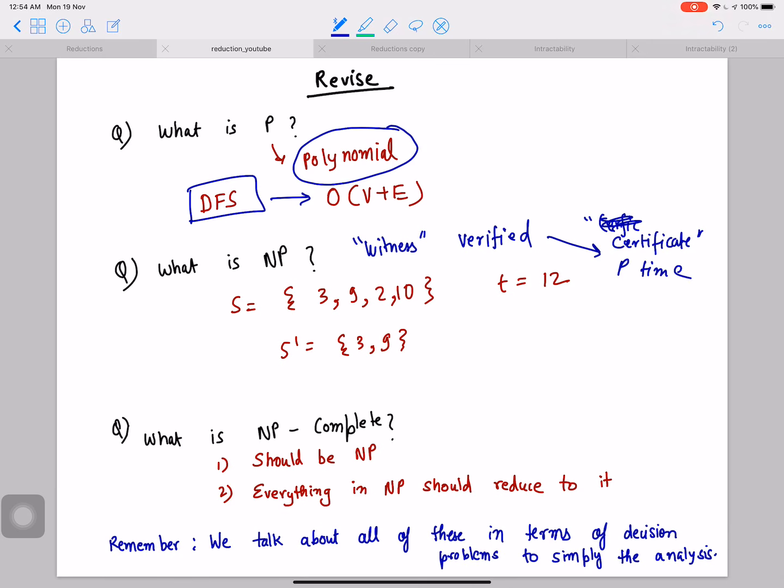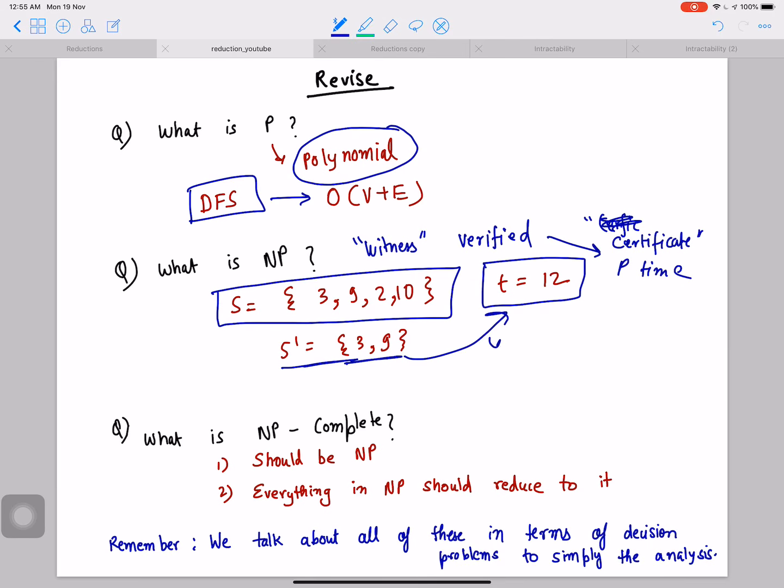For example, let's say you have a set of numbers and a target value T, and I ask: does this subset S' add up to T? Yes or no? You can answer this in polynomial time. You can just sum these things up and tell me if it adds to T or not.